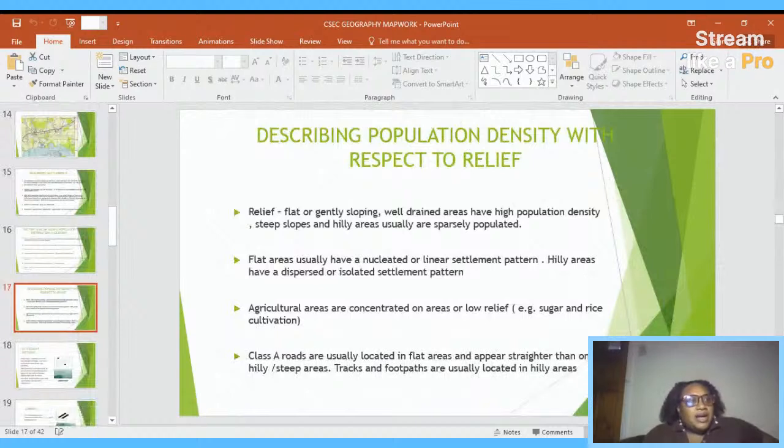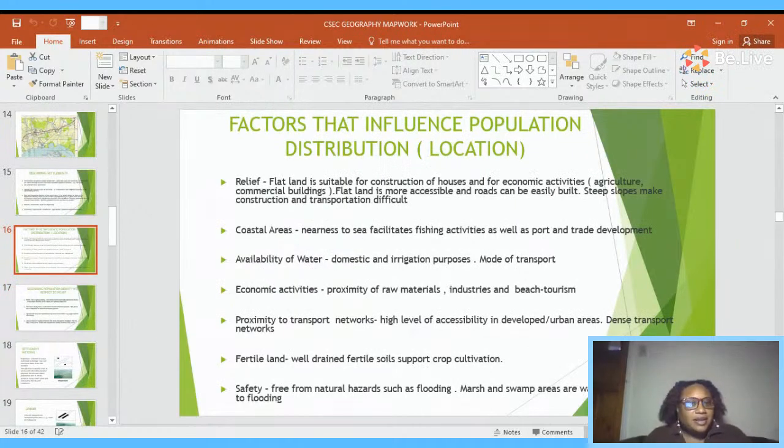Did we get into the factors or did we stop at the factors last day? I believe we stopped at the factors.